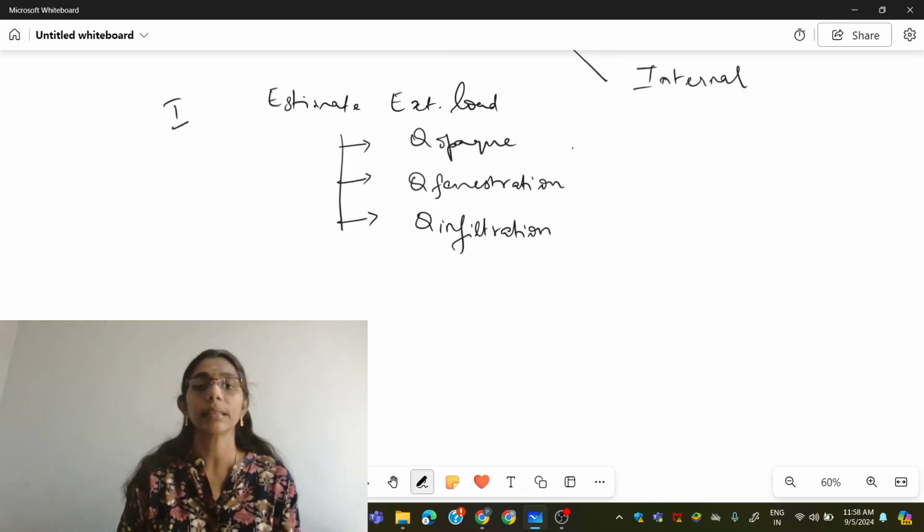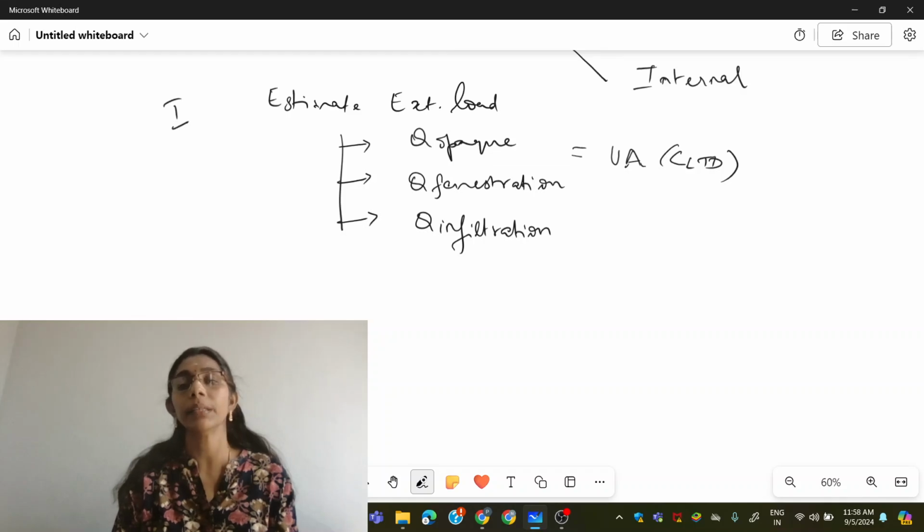To calculate the heat through opaque surfaces, this is nothing but U into A into CLTD. So already we have seen what U and A are. Again, I'm repeating, U is the overall heat transfer coefficient, A is the area, and CLTD is the cooling load temperature difference, right?